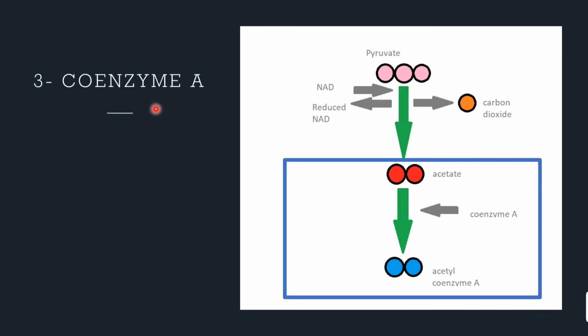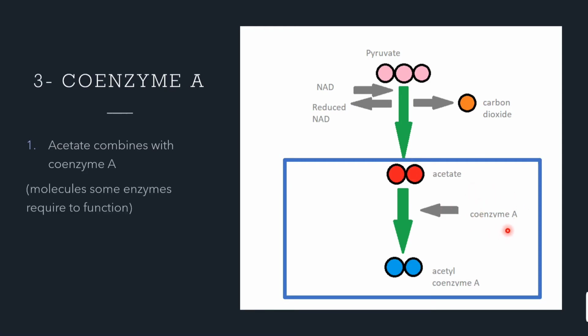The third stage of the link reaction is the addition of coenzyme A. So we have our acetate, which is formed from our pyruvate. Our 2-carbon acetate now combines with coenzyme A. A coenzyme, just as a reminder from the previous video, is a molecule that some enzymes require to function. NAD is an example of a coenzyme because some enzymes require it to function as a hydrogen carrier molecule.